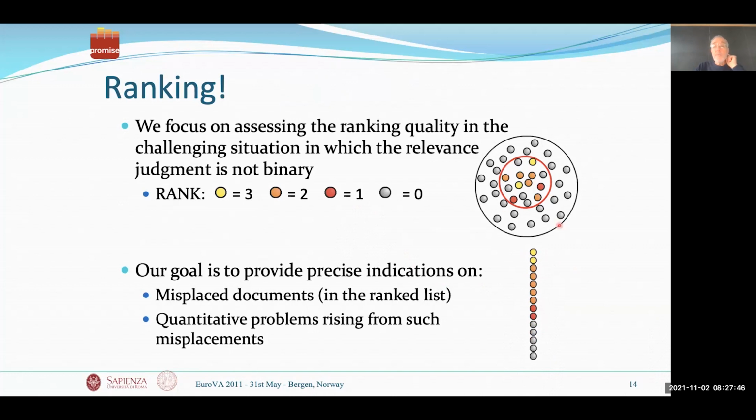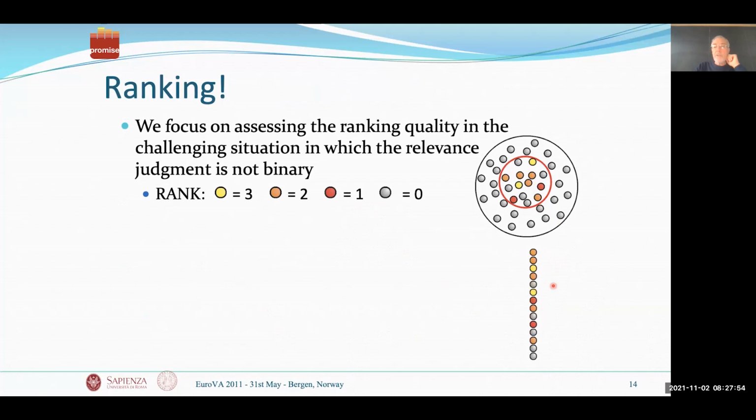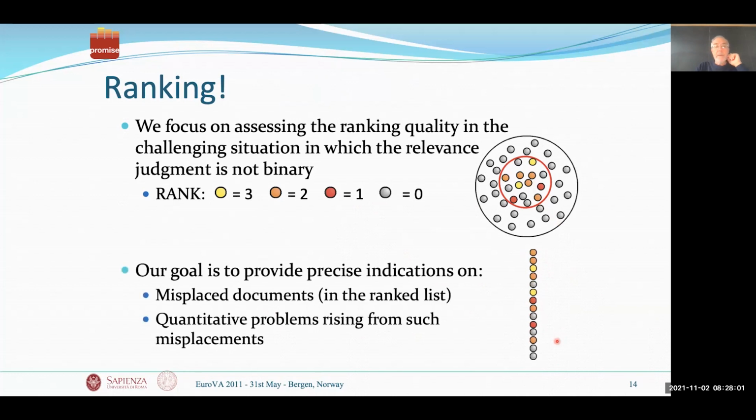Because this is the way in which the end user reads the result. And you have some problems when the order is not correct. This order creates a problem for the user. We want to provide indications on how documents are being misplaced, and indications about the problems, quantifying the problem.